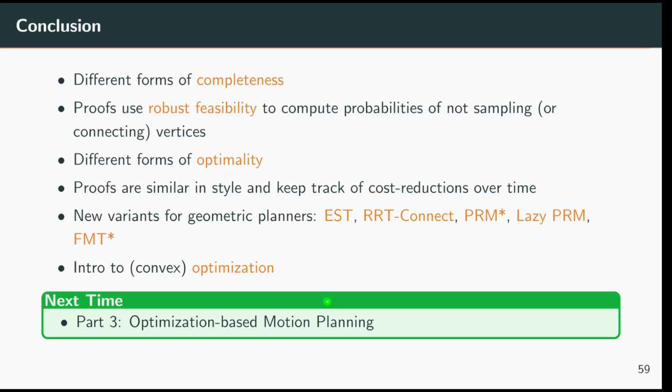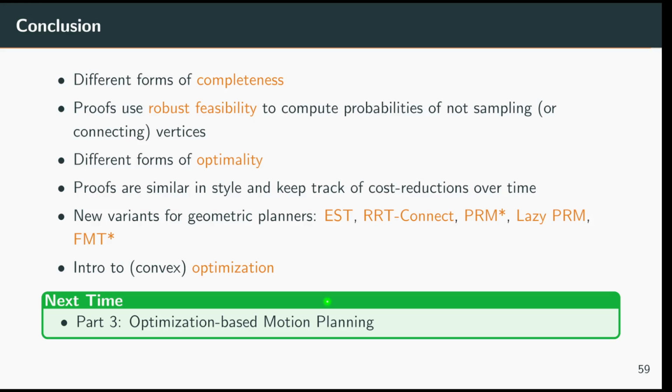Okay, so to conclude for today, we looked at different forms of completeness and different forms of optimality, so we recapped all the definitions. We introduced this robust feasibility idea, which then helped us to make some of the proofs for completeness at least a bit more concrete. So especially for completeness, we looked at more of the mathematical details and how we can show the completeness of RRT, which we haven't done before.